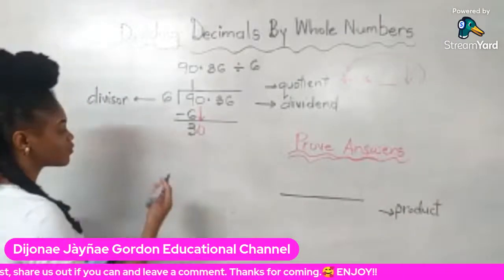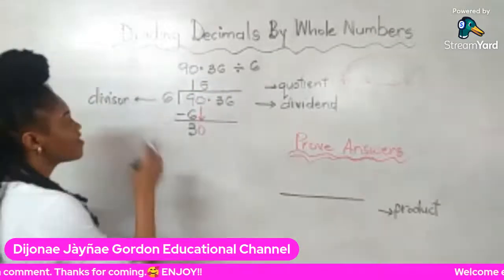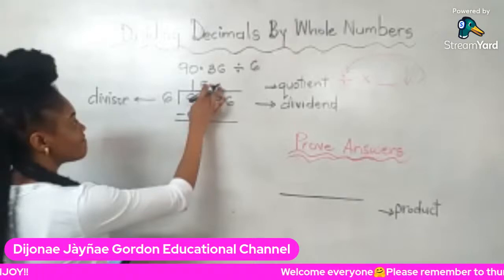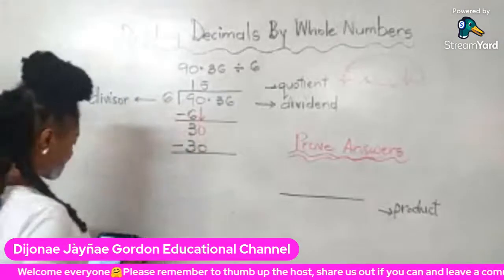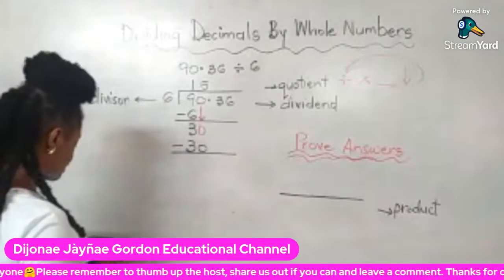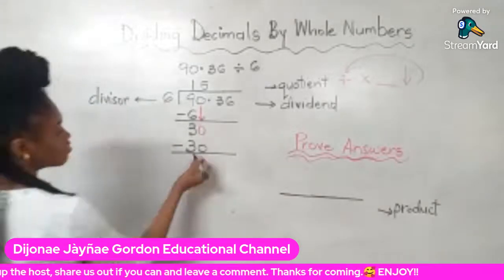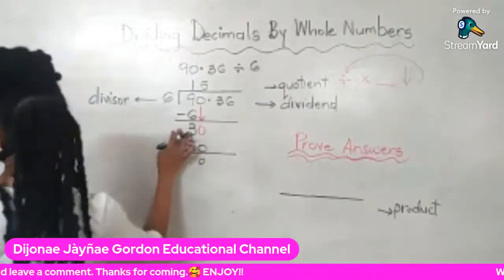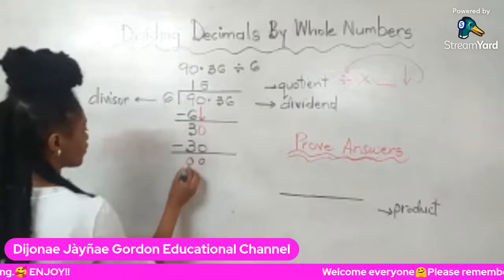How many groups of 6 can you get from 30? And of course, we can only get 5 groups. 5 multiplied by 6 is going to give you 30. Now we are going to take away. So 0 and you give away 0, you're left with 0. 3 and you give away 3, you are left with 0.